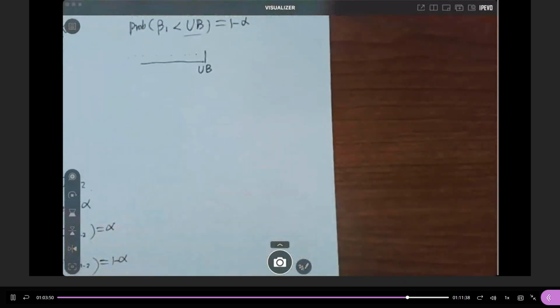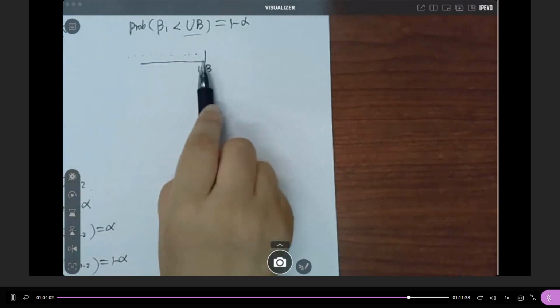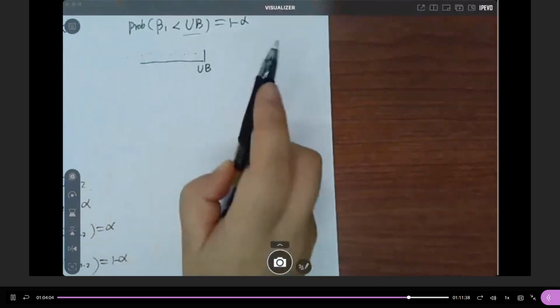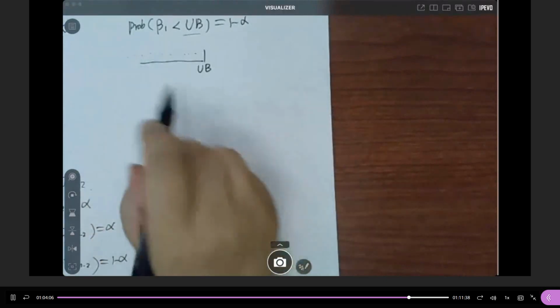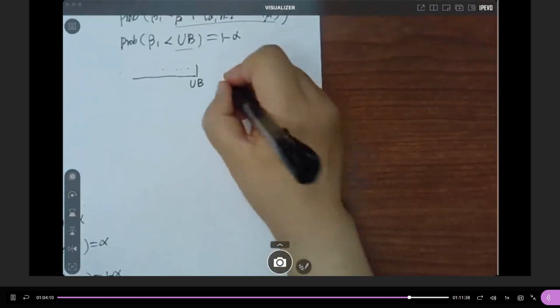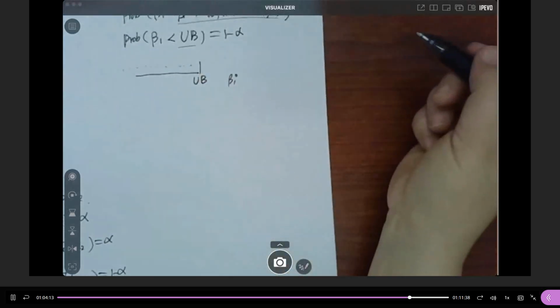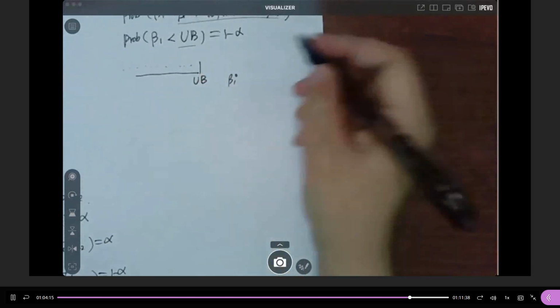Okay. So in this case, how do you perform hypothesis testing? If the null is true, your hypothesis value beta 1 hat should be located below this point, to the left, because that's a large probability. The small probability is when you observe beta 1 null here, which is actually larger than the upper bound.